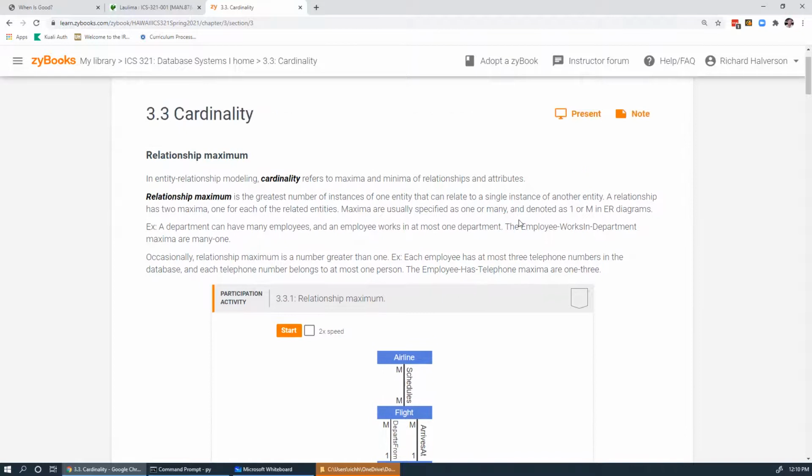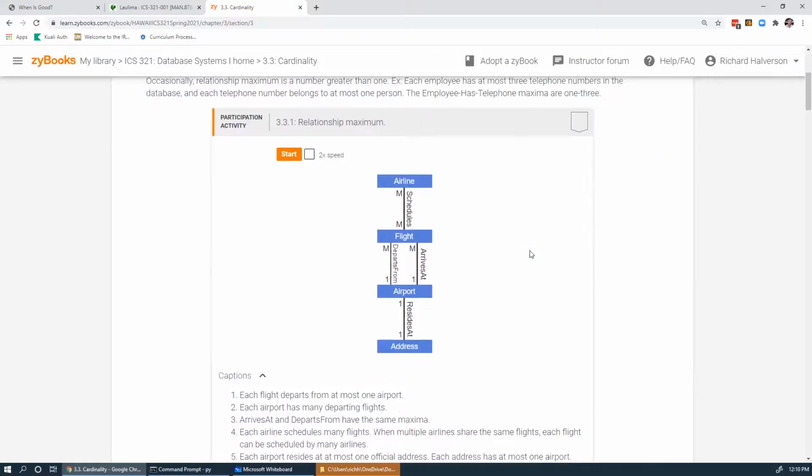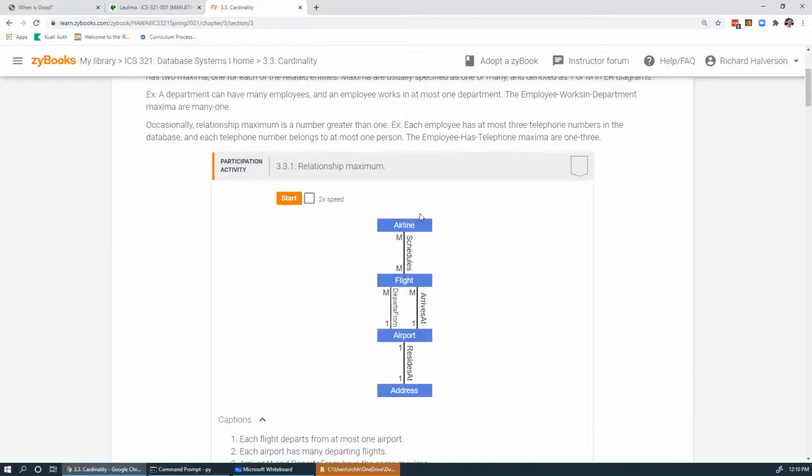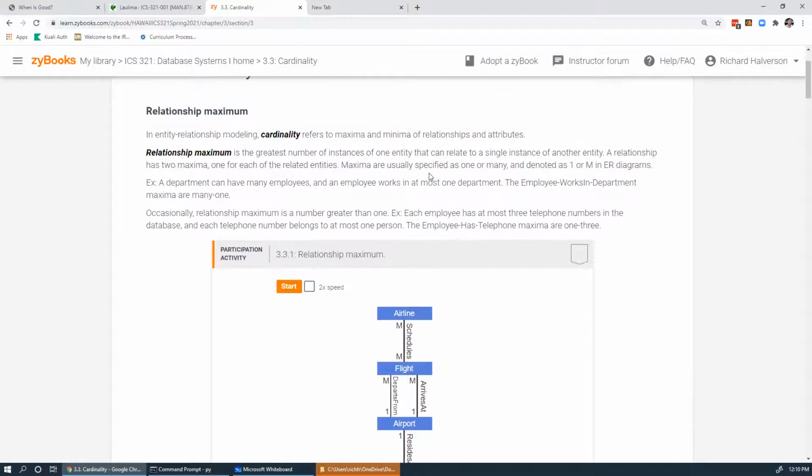So you see that here. Here's how they are expressing it. There are different ways of expressing it. I like crow's feet, crow's feet entity relationship. I'll show you that later. Occasionally, a relationship maximum is a number greater than 1.